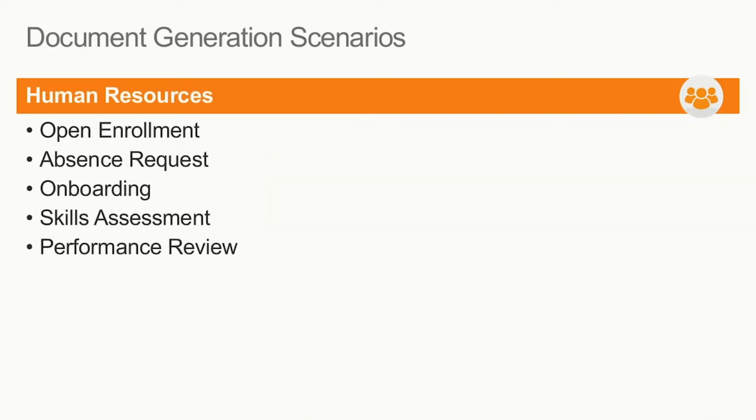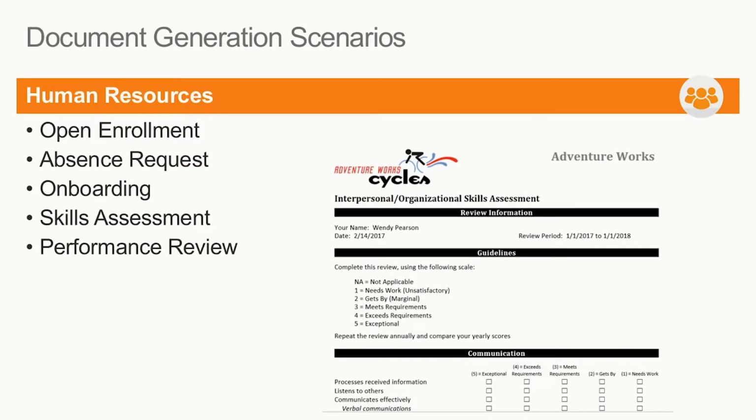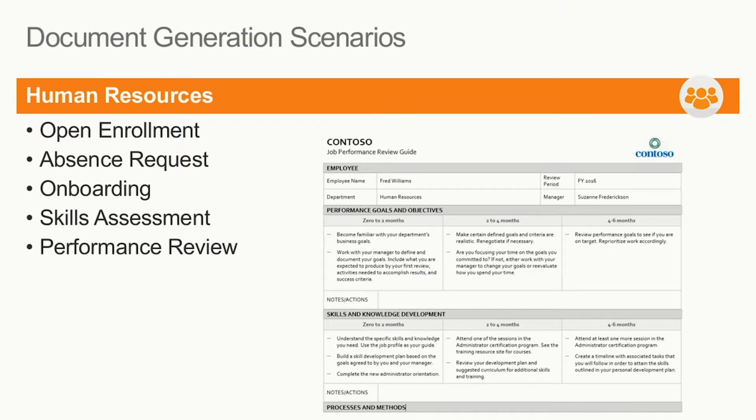And then human resources is another large department that, let's be honest, requires a lot of paperwork and a lot of signatures of things that need to happen from a formal nature. So things like what happens during open enrollment for signing off on things or providing information to employees, absentee requests if you need formal documentation, onboarding, and skills assessments, where you need to personalize some of the information inside of these documents to the individuals involved, or even performance reviews for that matter.